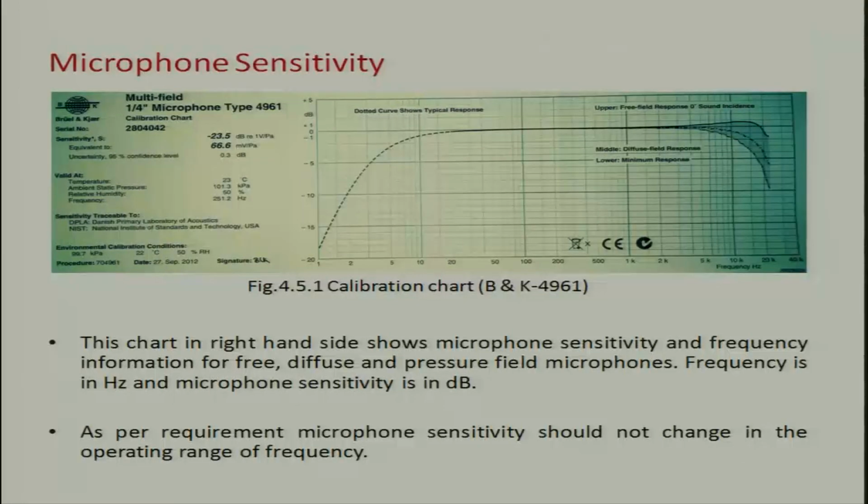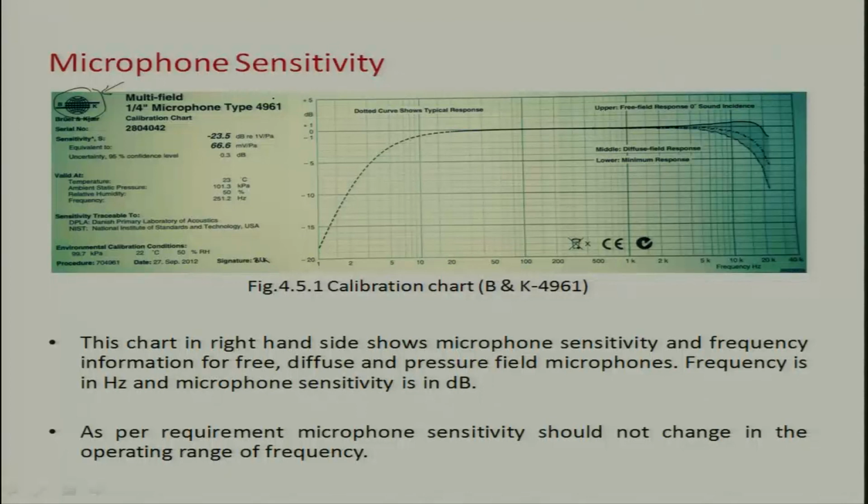So, this is the chart for a particular microphone, manufactured by a company called B&K. This is the name of the manufacturer, and it says multi-field half or quarter inch microphone. The diameter of the microphone is 1/4 inch, and remember we had discussed that microphones come in 3 types: pressure field microphone, random incidence field microphone and free field microphone.